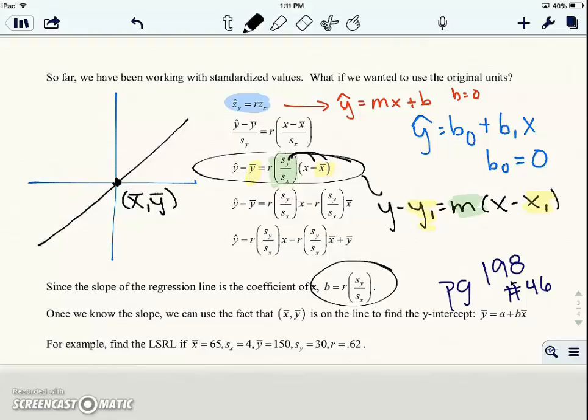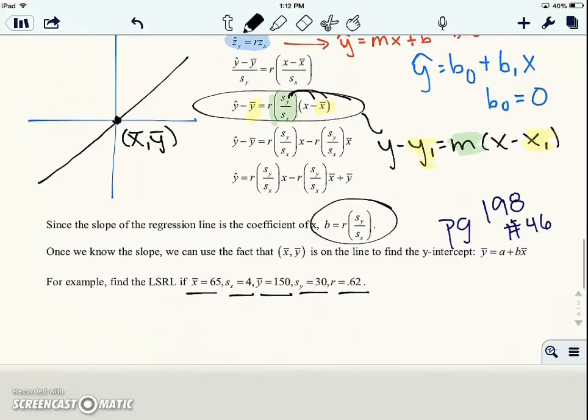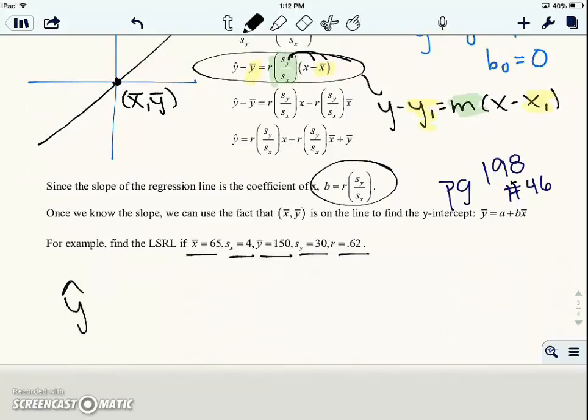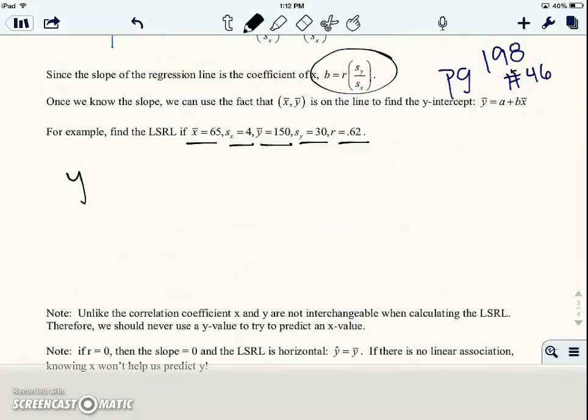And what we're going to do is use the formula, and they can give us the x bar, the y bar, the s of y, and the r, and the s of x, sorry, all of the pieces to fill into the formula and find the line of best fit. So what we have is y hat minus y bar equals the slope, which is r times s of y over s of x, times x minus x bar.